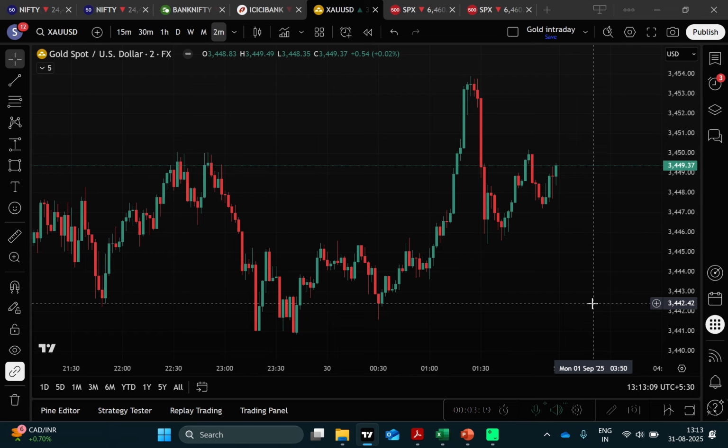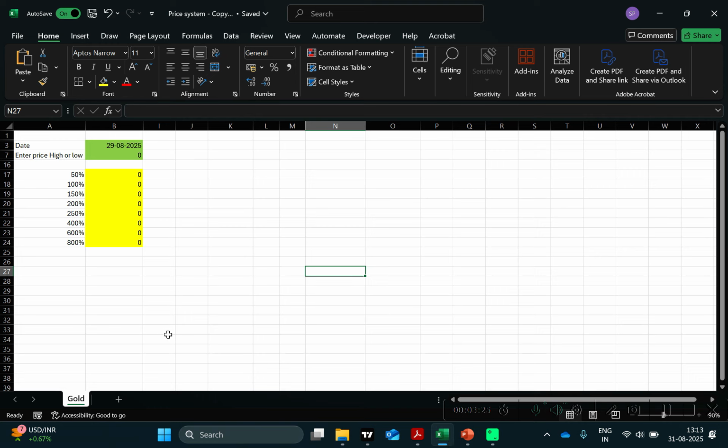Let's try to analyze this one. What we also need is a calculator, something like this where you can put the date and the high or low of that day, then see what comes up. Okay, let's test this out.